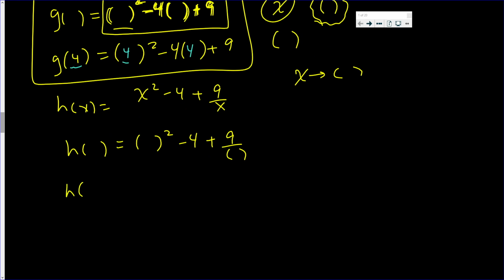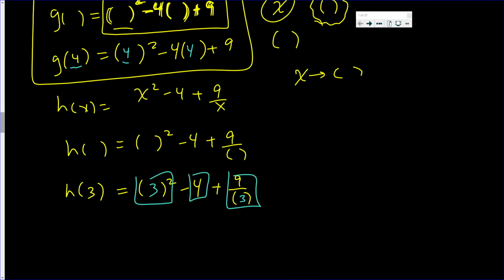And just so you have that line above with no changes to it, if they ask you what h of 3 is, not a big deal. You put 3 in the brackets. Then you have to do some math. This is 9 and this is 4 and that's 3. So it's 9 minus 4, which is 5, plus 3, which is 8.